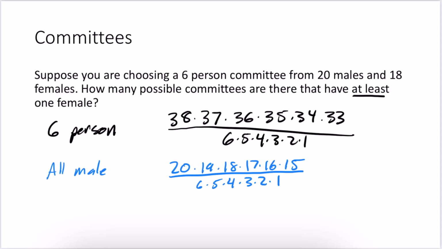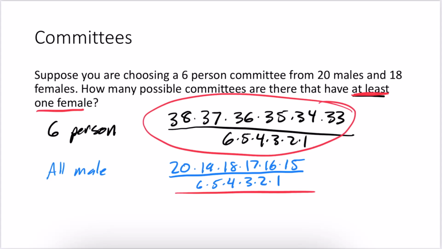So the number of possible committees that have at least one female are basically all of these committees that are not these committees. If I calculate out each of these numbers, the number of committees that I have total is 2,760,681, and the number of all-male committees is 720.